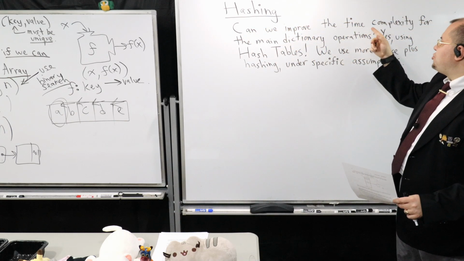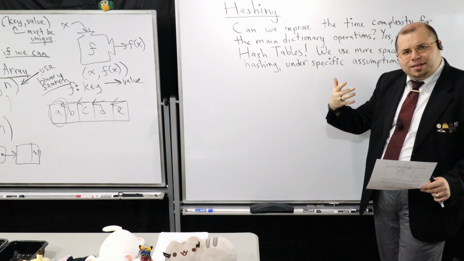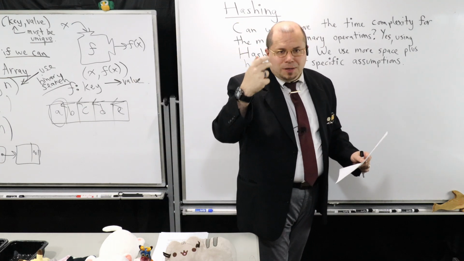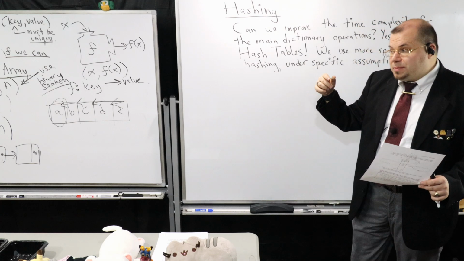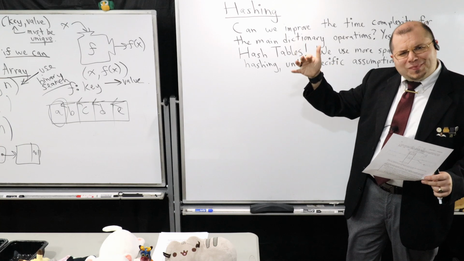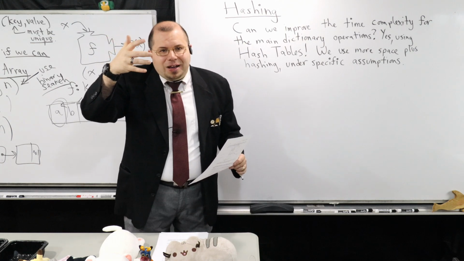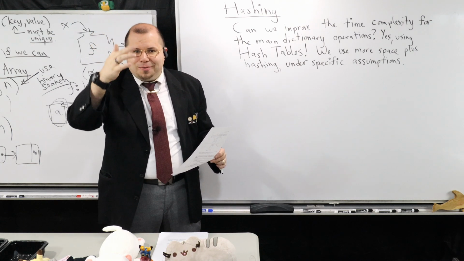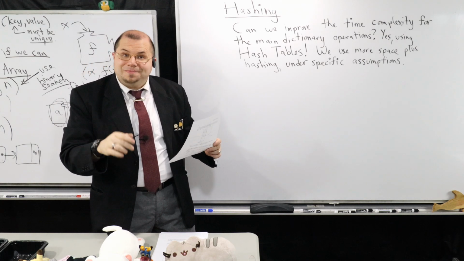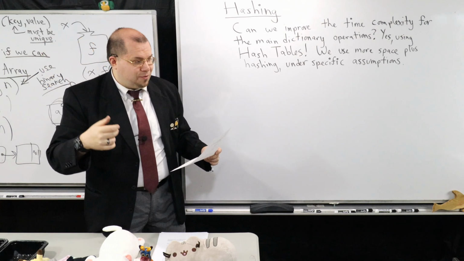So what we're going to do is try to improve the time complexity of the main dictionary operations using an idea like this, where I would like to know if I can reduce the complexity of performing one of my operations by having to simply examine fewer elements. If I can have some mechanism of uniformly, roughly, or at least practically speaking, spreading my records across all of my collections, and I make sure that these are really, really short, I can reduce the time complexity, at least what I would expect on average.